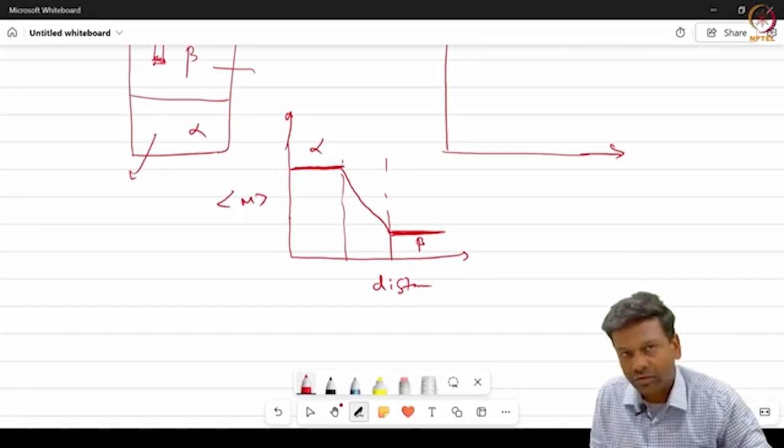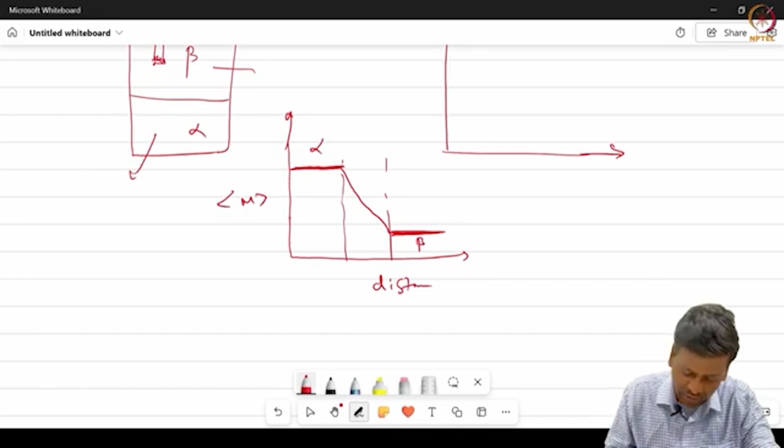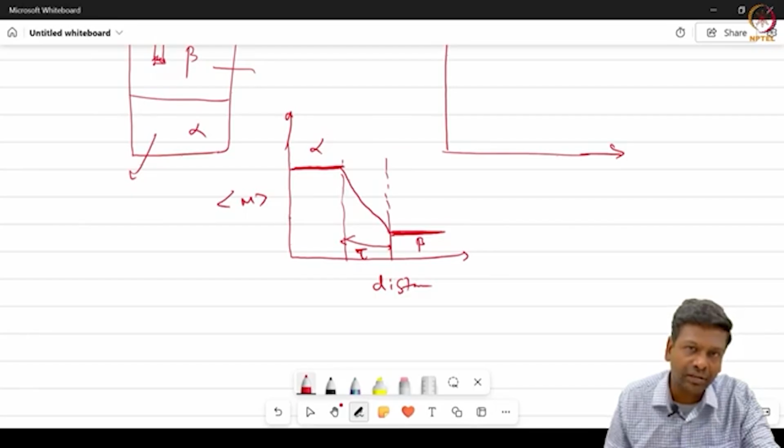Now if you want to understand what constitutes the interface and where exactly it lies, for example, somewhere here or here or here, because we know that near the interface the values are changing, but where exactly that thin layer lies, we don't know.